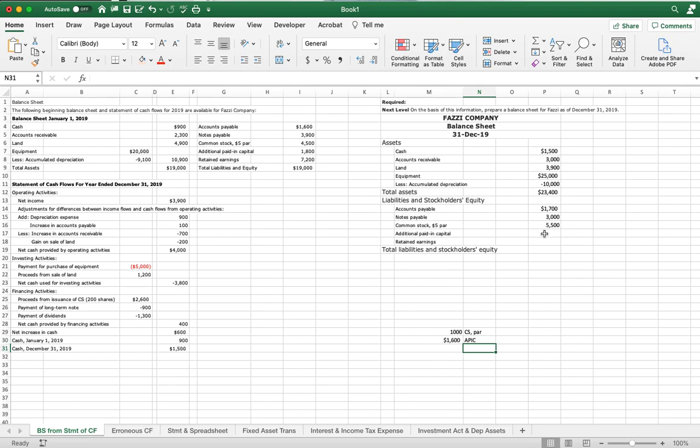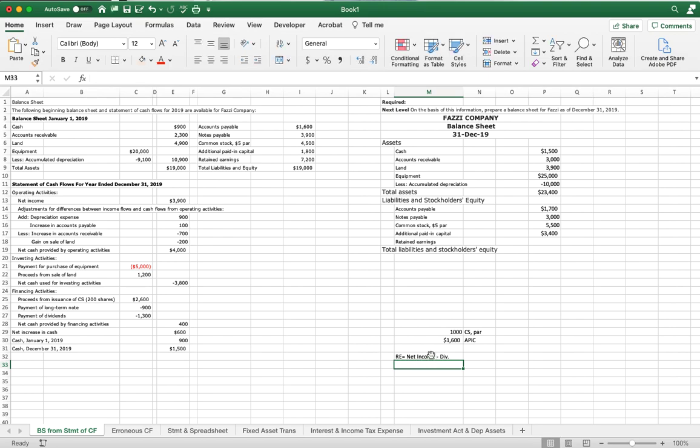And that's what's next. So for our additional paid-in capital, it was previously 1,800, and we know we've now increased that by 1,600. So we have 3,400. And then retained earnings was 7,200. And if you remember from a basic accounting class, retained earnings is equal to our net income minus dividends, or revenues minus expenses minus dividends.